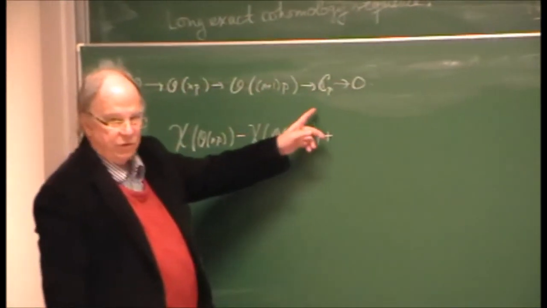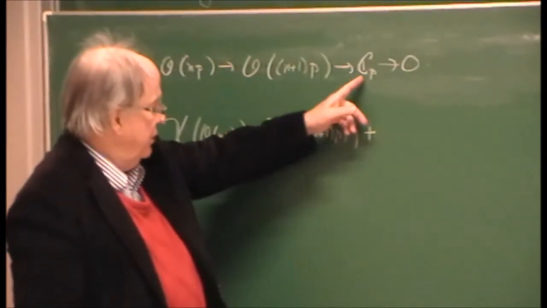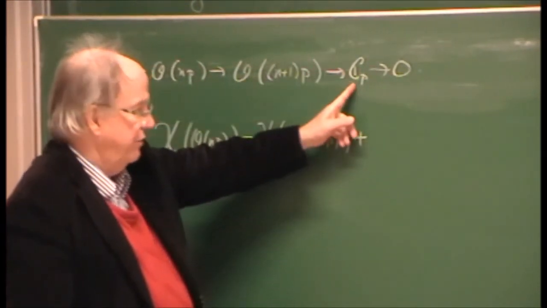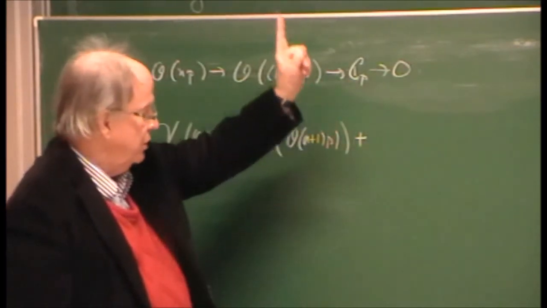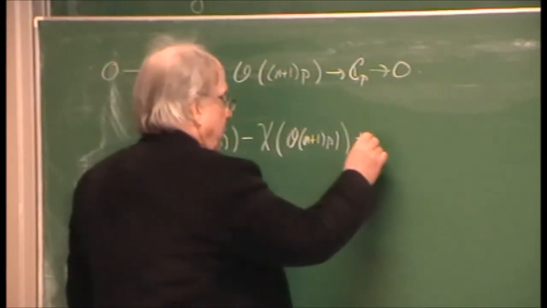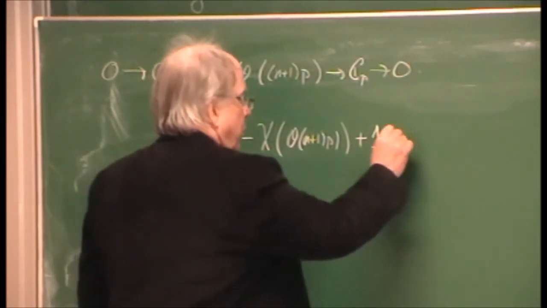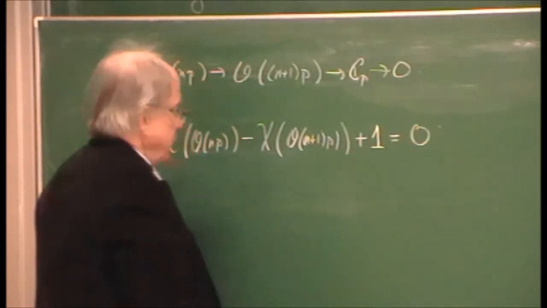These are numbers now. I can even compute this right away, because any complex number defines a section. It's just in this one stalk, and there's no higher cohomology, so this is 1, and it equals 0.